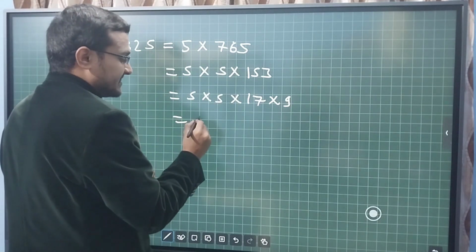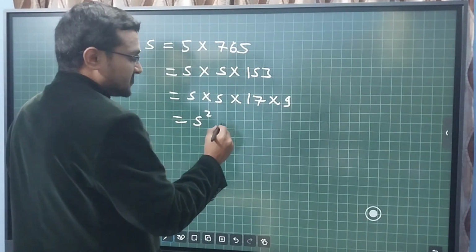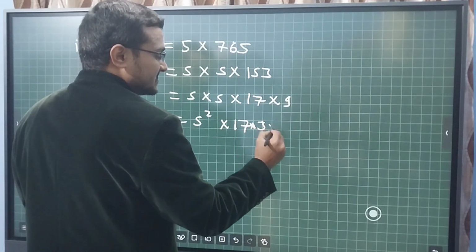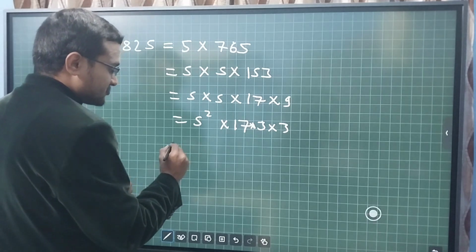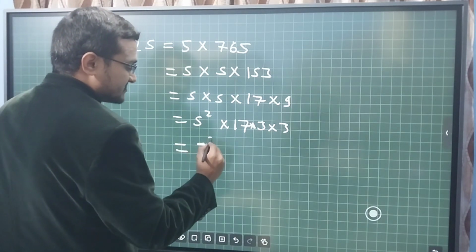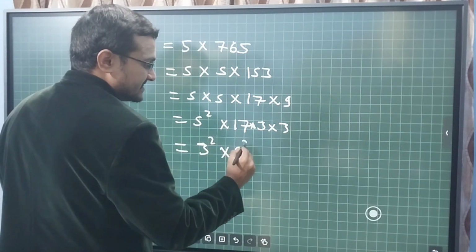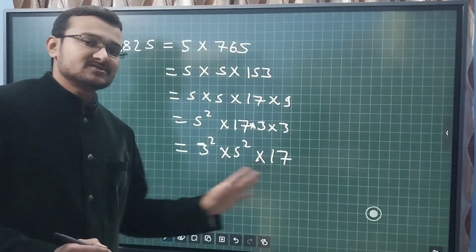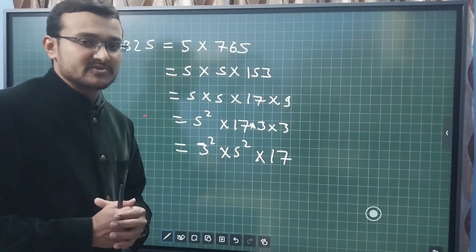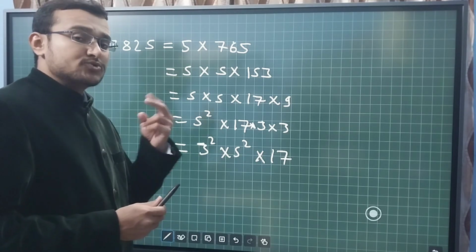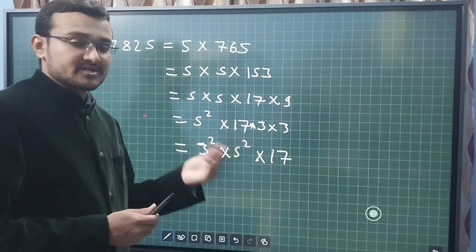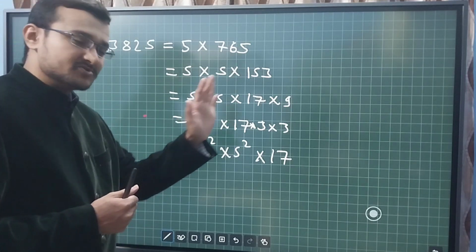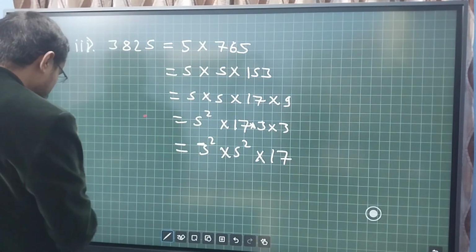Now 5 into 5 I can write as 5 square, 17 I can keep like that, and 9 I can write as 3 into 3. So we get 3 square into 5 square into 17, which is the product of prime numbers of 3825. There are two more parts in this first question, the fourth and fifth, that you can solve on your own, just like how I solved the first 3.